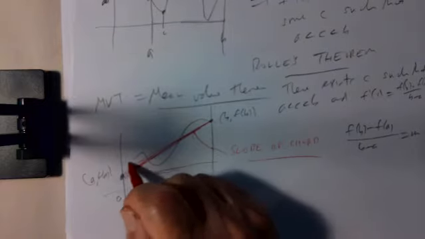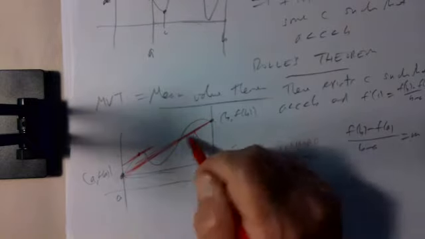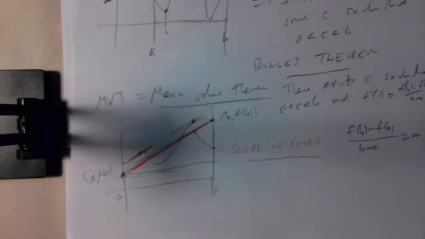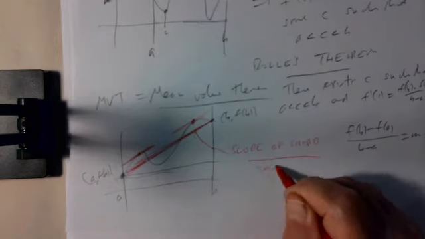For example, at this point, the tangent line is parallel to the chord. It looks like there's another point over here where the tangent line is parallel to the chord. Again, the mean value theorem says there's always at least one, and there can be more. So this is the chord, or sometimes called the secant line.